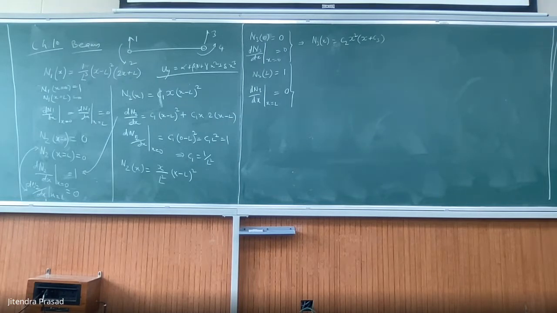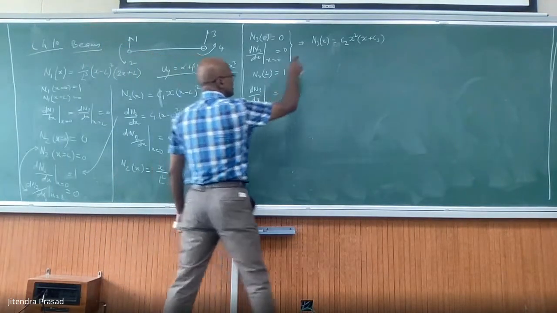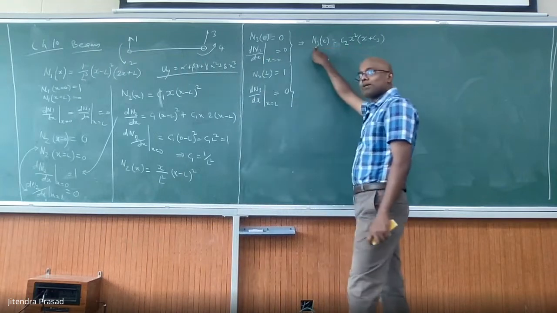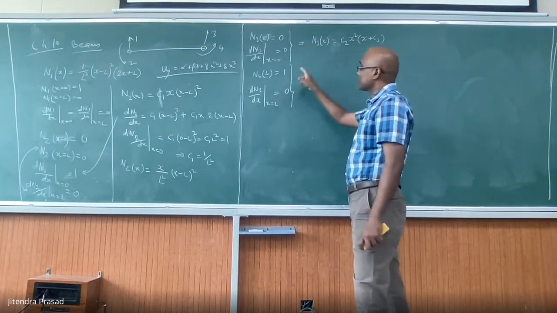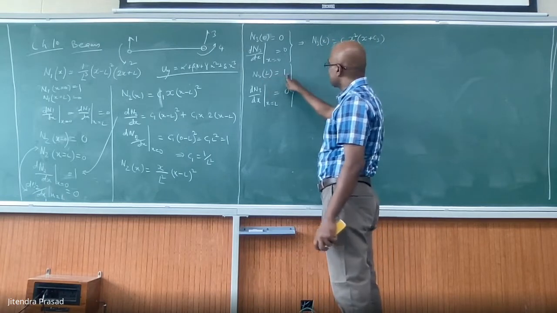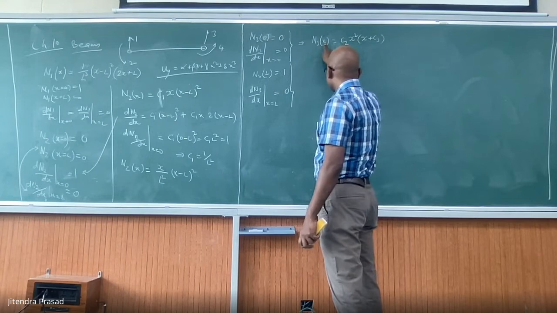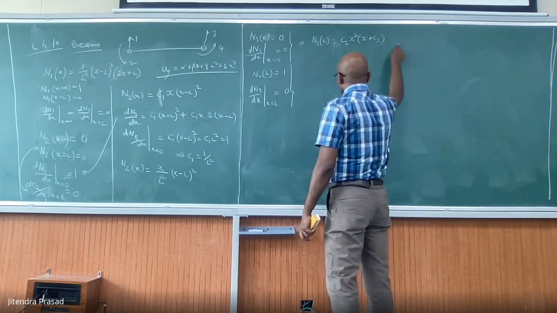There is no such thing as x minus L here. This is the derivative, and this one is without derivative. So this will not appear. This will appear. So N3(L) equal to 1. If you put x equal to L, then this is equal to 1.